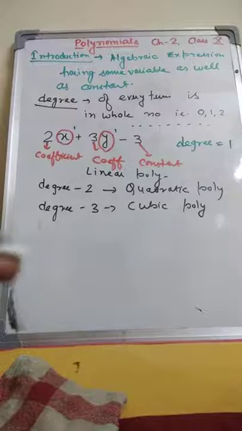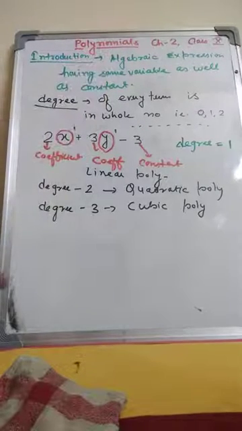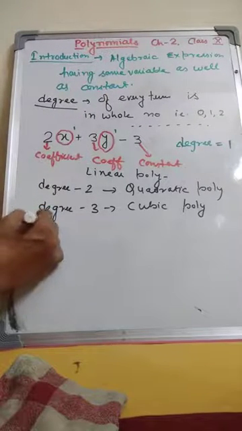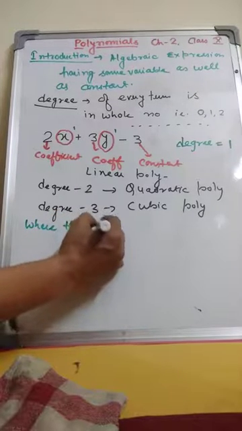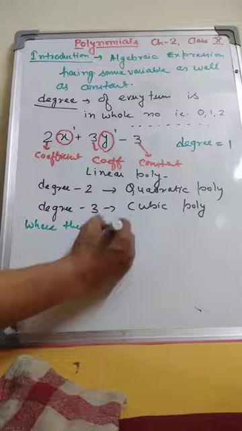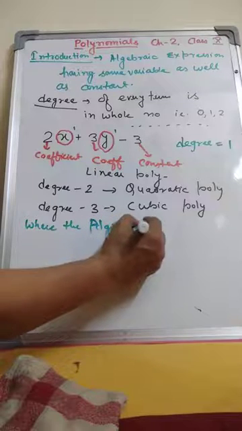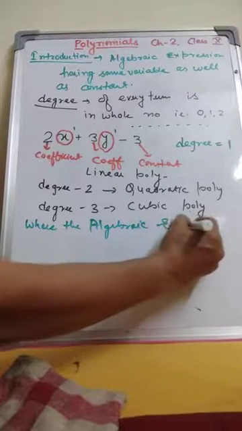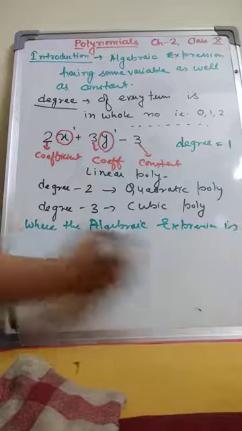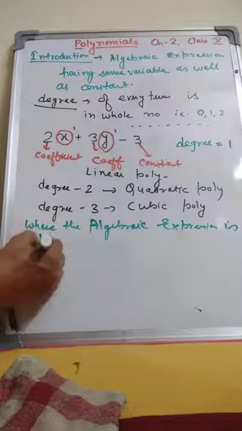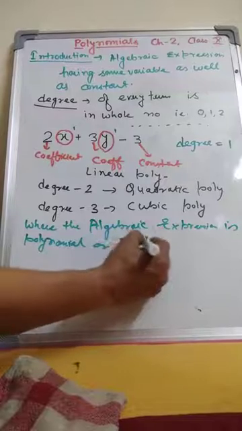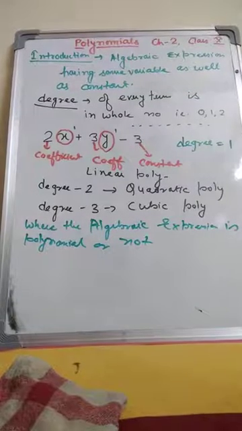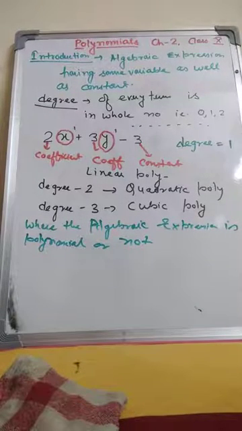Now, what is the meaning of whole number? First, we have to find whether the algebraic expression is a polynomial or not.